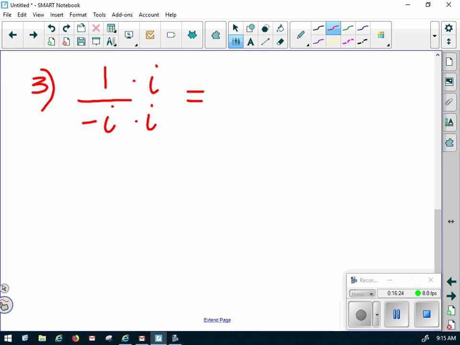Numerator is 1 times i, which is i. It's going to be negative i squared. But what's i squared? Negative 1. So this is the opposite of negative 1, which is 1. So it's i divided by 1. But what's anything divided by 1? Itself.